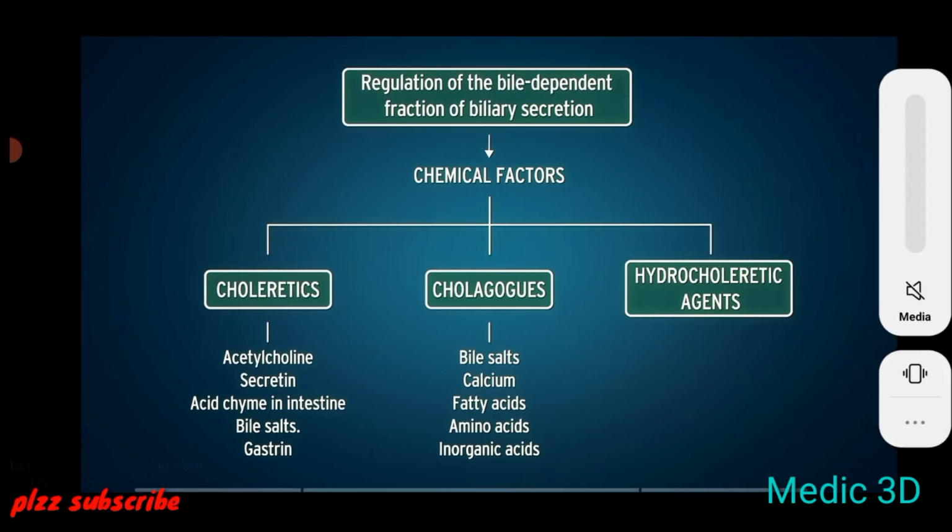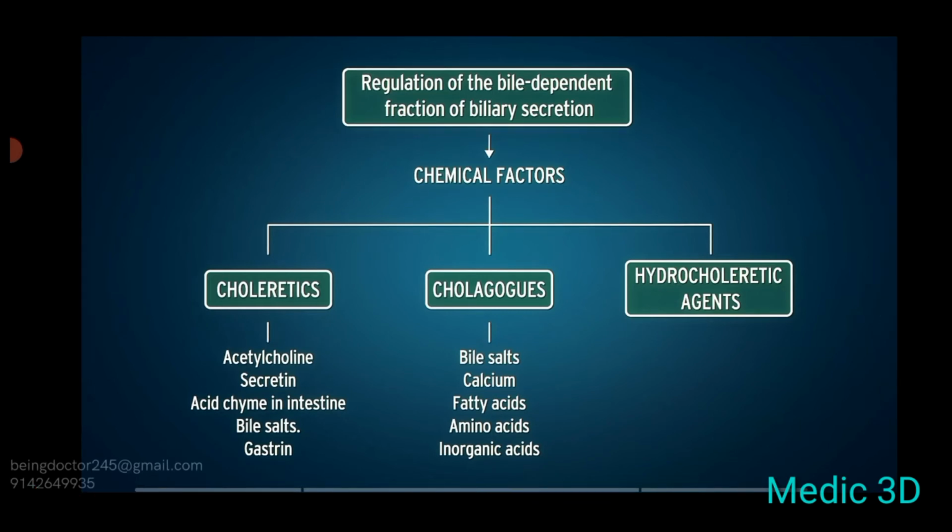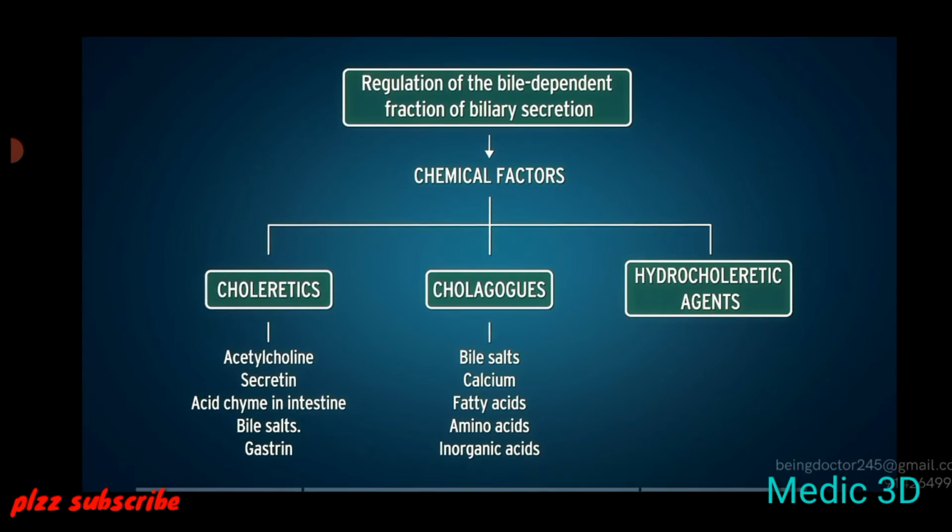All these substances stimulate the secretion of cholecystokinin, which in turn causes contraction of the gallbladder and flow of bile into the intestine. Hydrocholeretic agents. A hydrocholeretic agent is a substance that causes the secretion of bile from the liver with a large amount of water and fewer solids. Hydrochloric acid is a hydrocholeretic agent.